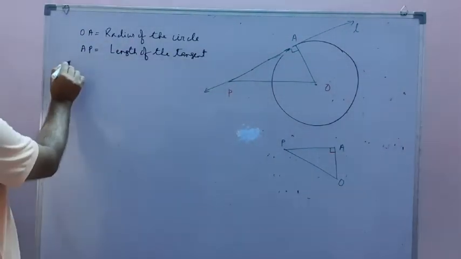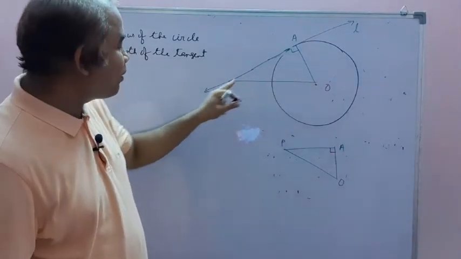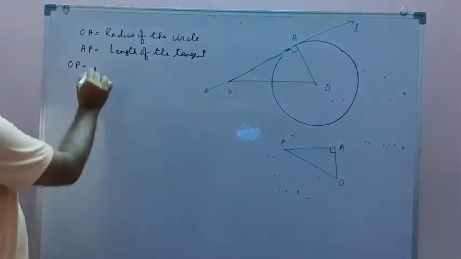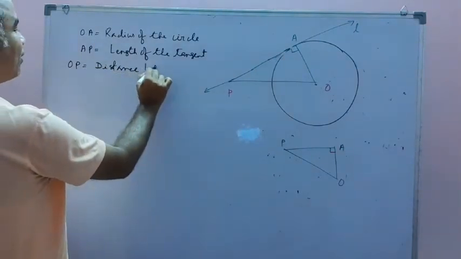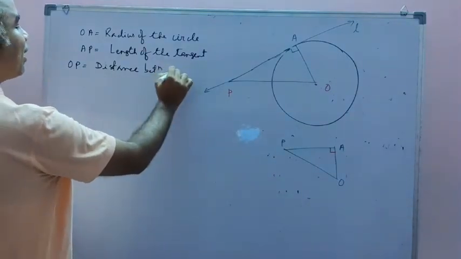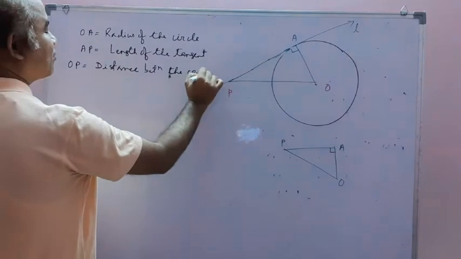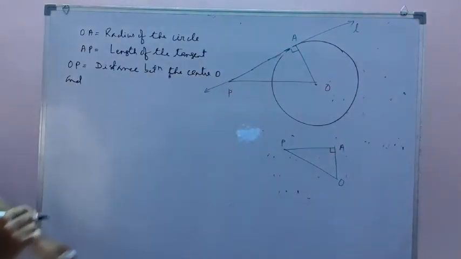And we have OP. What is OP? OP is the distance between point O and point P. What is point O? Point O is the center. Distance between the center O and point P. What is point P?